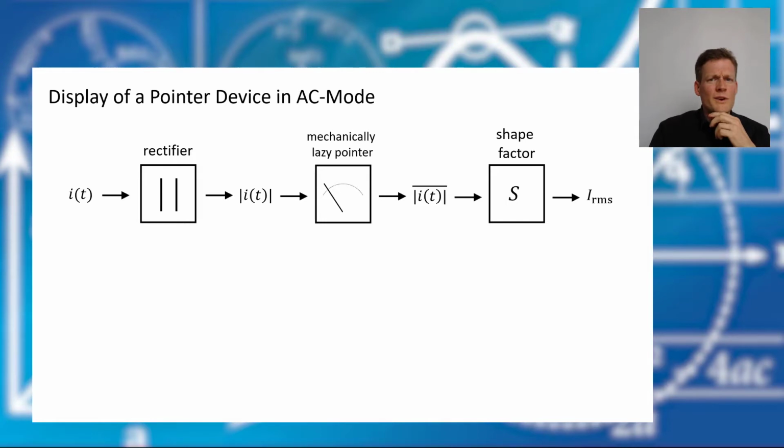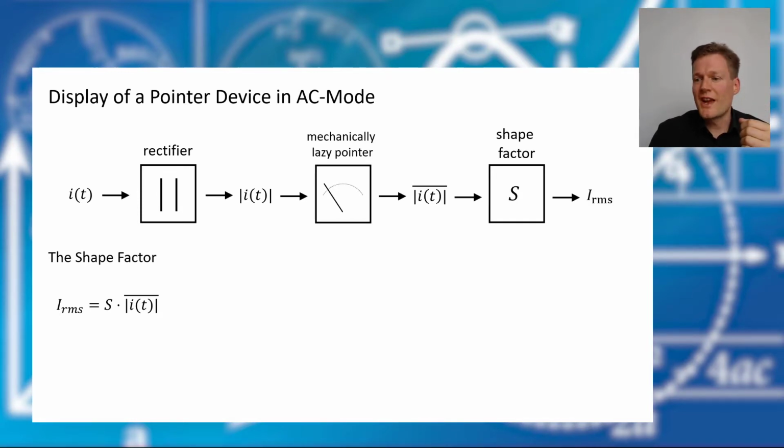So, what is this shape factor? As you see, with a shape factor, we can calculate the RMS value if we have the rectified value. And that means that we could calculate this shape factor if we divide the RMS value by the rectified value. And you remember, we calculated both values for our three signal forms.